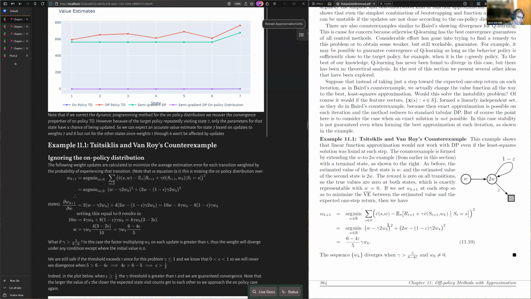Okay, but in order to derive this, what's being written down here are just these errors for the two states. Here, W is the current approximation for the first state, and the lookahead error is the reward, which is 0, plus gamma times 2W.